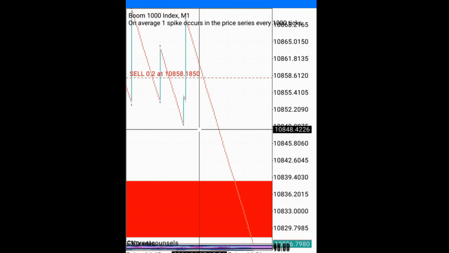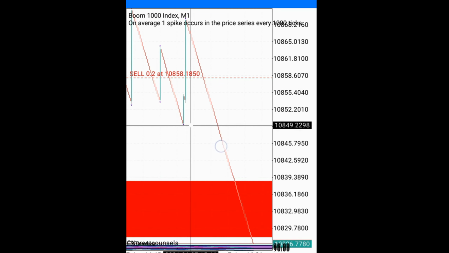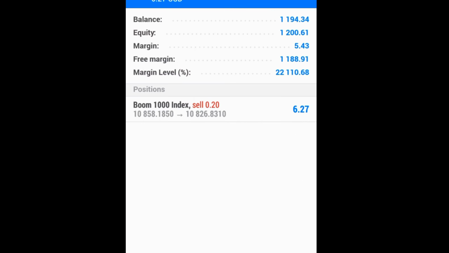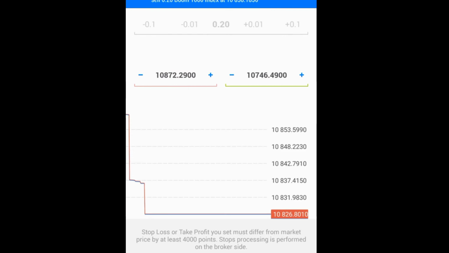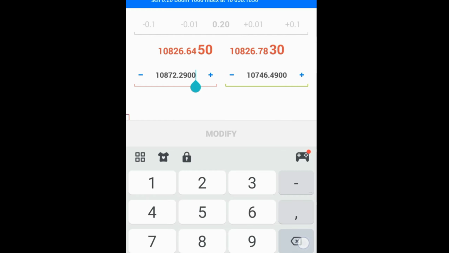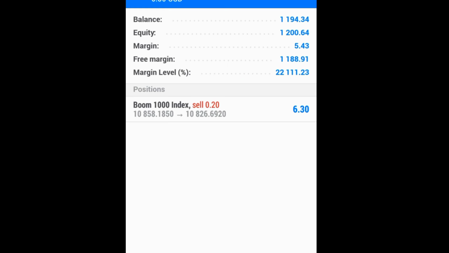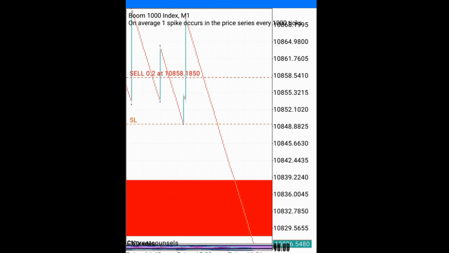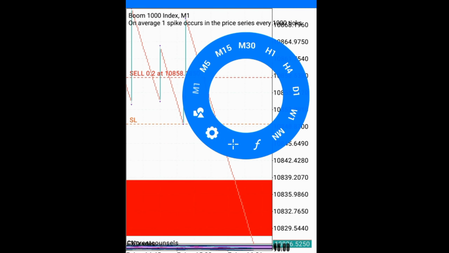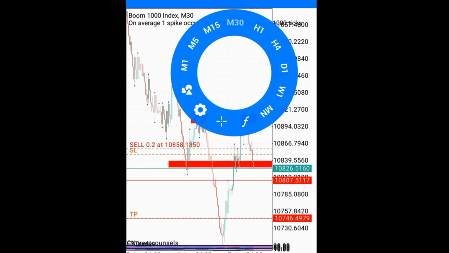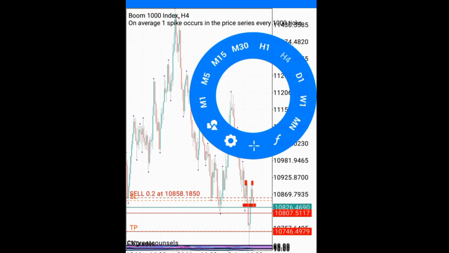So let's see what is happening on 1 minute time frame, and also shift our stop loss below our entry point right now to lock our profit. But don't forget that we're going to close this trade at exactly 1 hour. We're going to stay in the trade for 1 hour. We've just shifted our stop loss below our entry point, ultimately locking our profit.